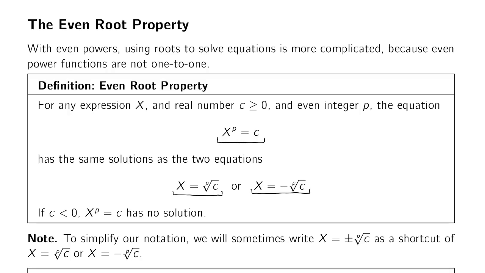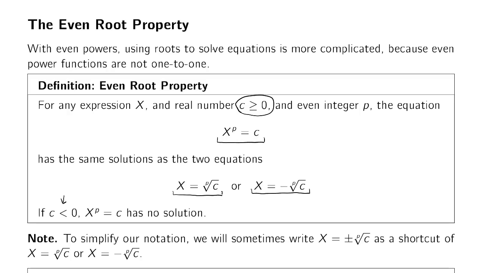When we use an even root to eliminate an even power, we have two possibilities, the positive root or the negative root. Also notice that the number we're taking this even root of has to be non-negative, because we can't take an even root of a negative number.